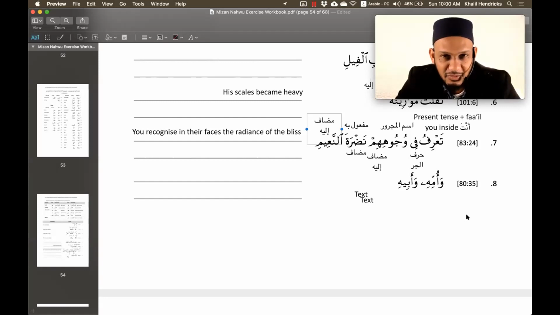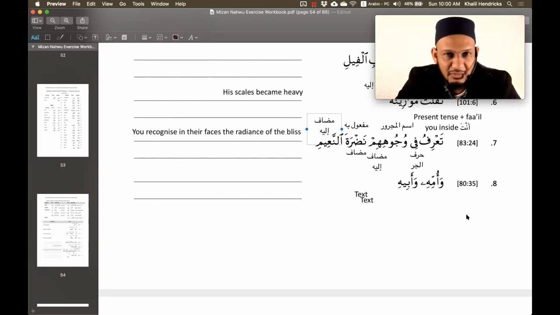So what I'm saying is now we're applying the gears manually and deliberately, and then after a while you won't do it anymore because it'll just be automatic. You just know fi wujuhihim means in their faces, without having to say fi harful jar and wujuh ism majroor him mudafun ilay. It just comes naturally. So this is the part where you have to work a bit, but after, you don't actually need the labels as such.